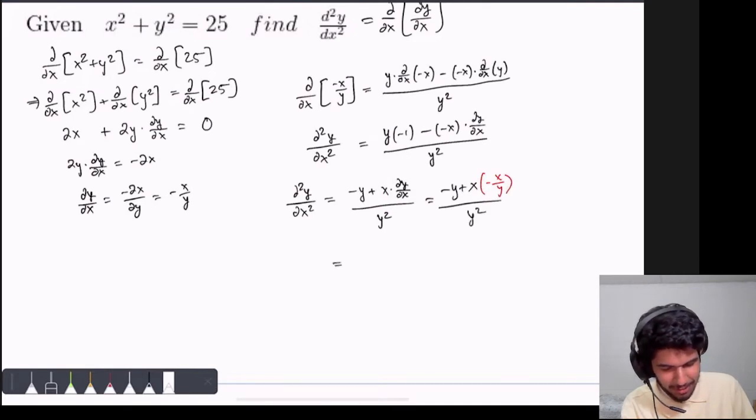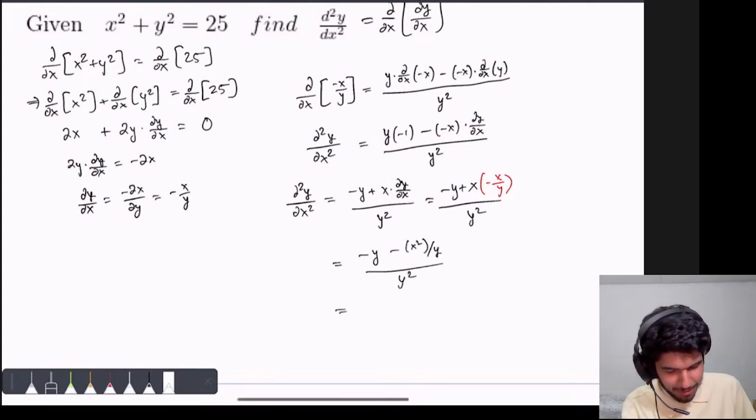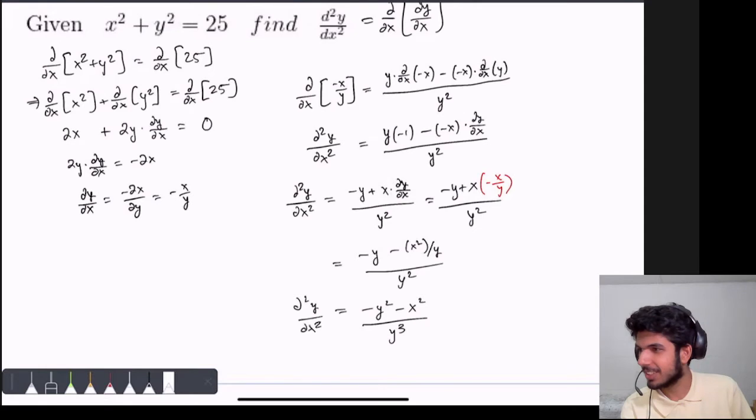We can simplify that a little bit further. Negative y minus x squared over y, all of this over y squared, and that should be equal to something along those lines, I hope. Let me just make sure.